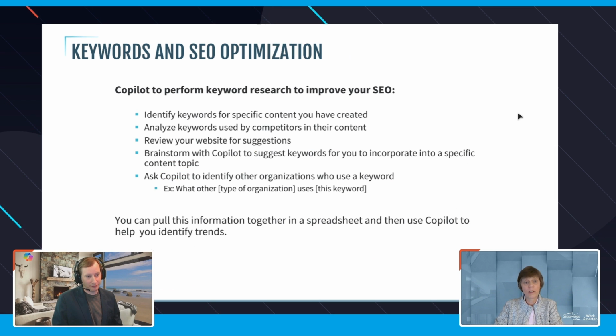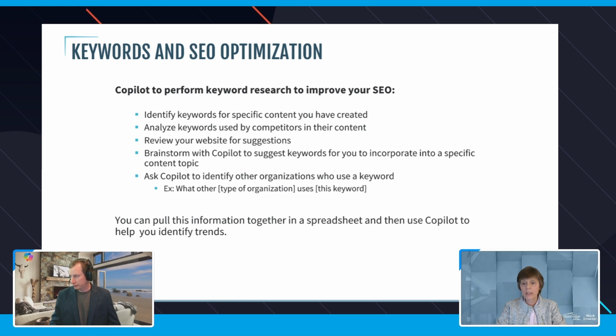And now let's jump into keywords and SEO optimization because Copilot has a couple of really great features to use keywords. So keywords are great. They're helping us find the content that we're spending so much time creating. And you can use Copilot with a prompt to ask it, upload your information, share a file: what keywords should be associated with this file?